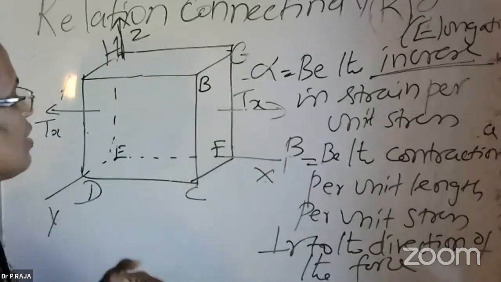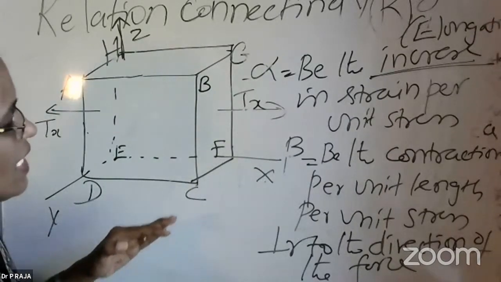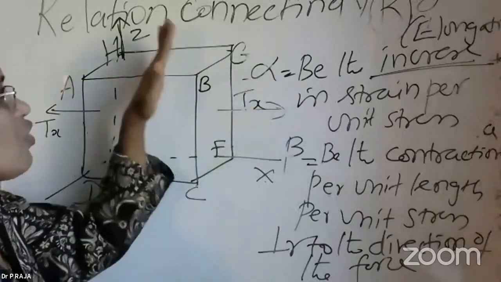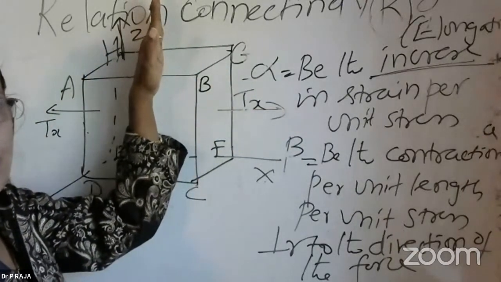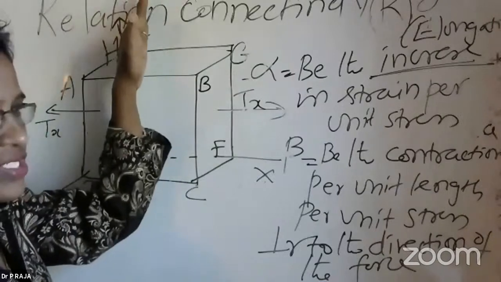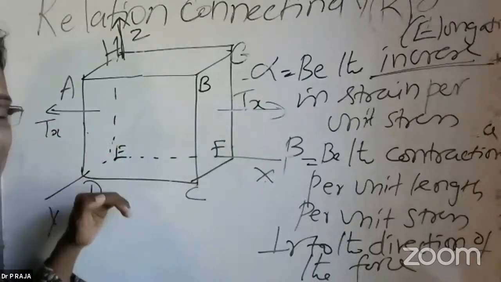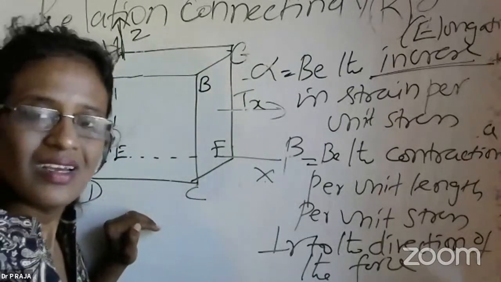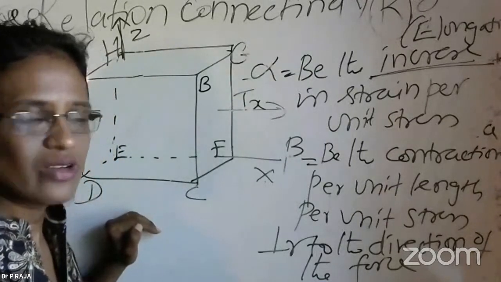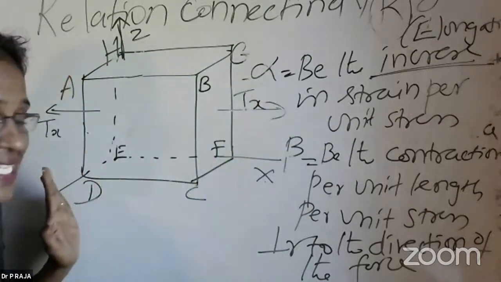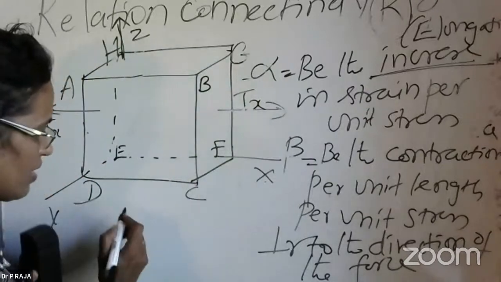Similarly, in the second case the direction will be changed and we will be applying the force along the Ty direction. If you apply the force along the Ty direction, automatically in the Tx direction and in the Tz direction there will be a contraction happening. Similarly, when I apply a force along the Tz direction, I will write it here.